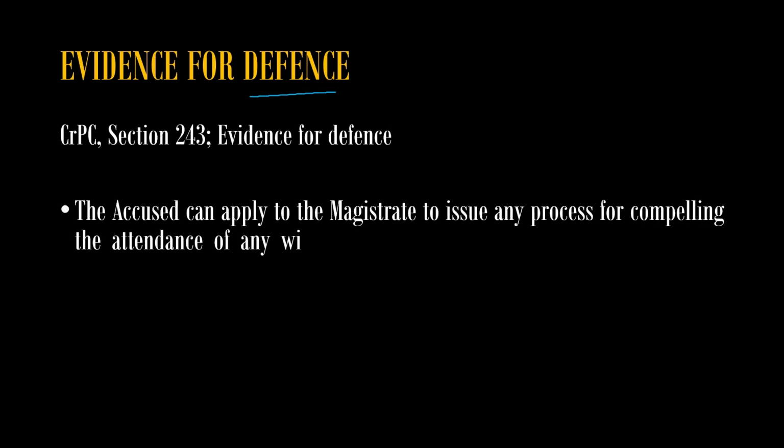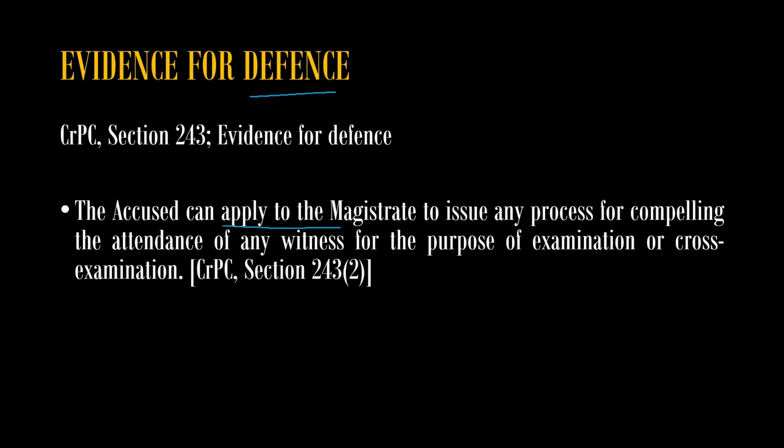After such examination, the accused shall be given an opportunity to produce his evidence. The accused can also apply to the magistrate to issue summons to witnesses to compel their attendance. The accused may also stand as his own witness.